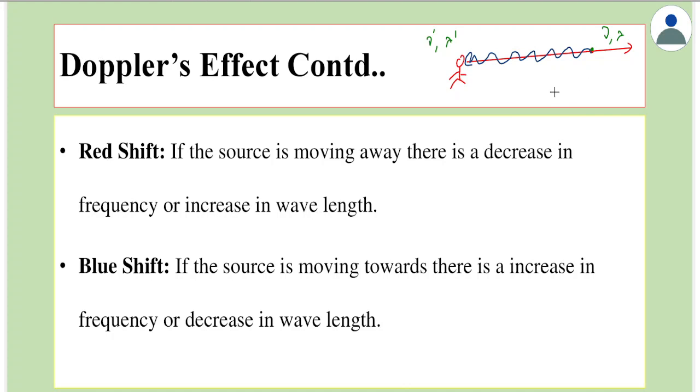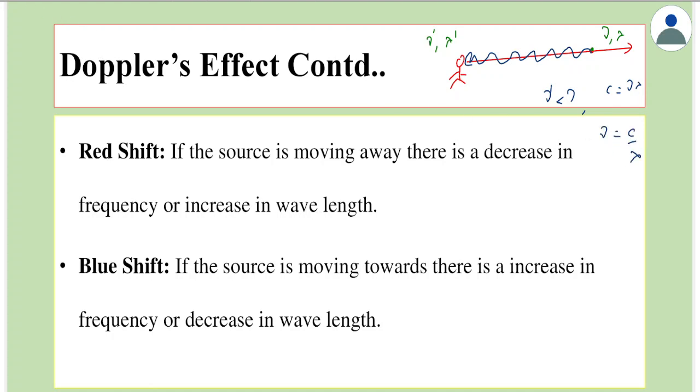In this case, since the source is moving away from the observer, nu dash would be less than nu because frequency will decrease. Think of sound waves. When the train recedes from the observer, the intensity will decrease. So same thing here also. But you recall the relationship between speed and wavelength: c is equal to nu into lambda, or nu is equal to c by lambda.